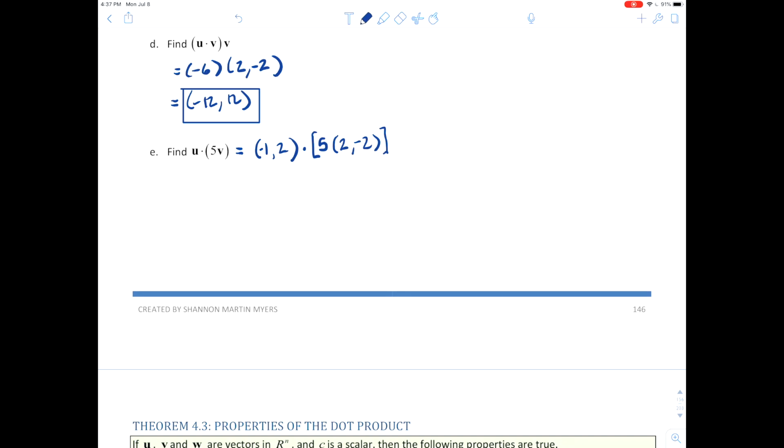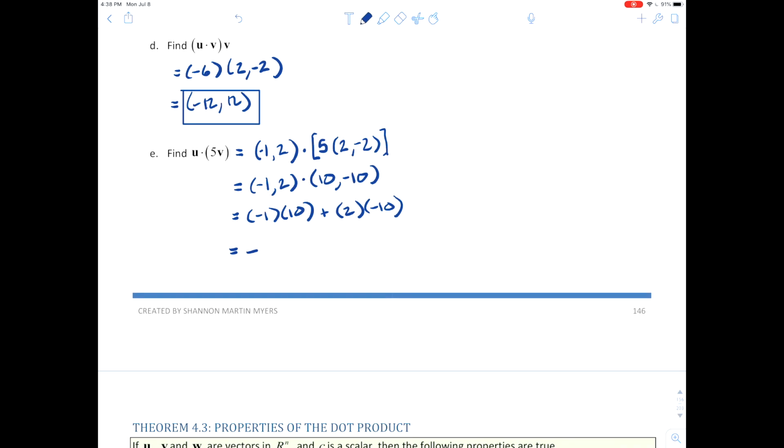I could multiply the 5 into the u, but I'm definitely not multiplying the 5 into both of them, right? So keep that in mind. This is going to end up being negative 1, 2, dot 10, negative 10, which will be negative 1 times 10 plus 2 times negative 10, which will be negative 10 minus 20, so we'll get negative 30.